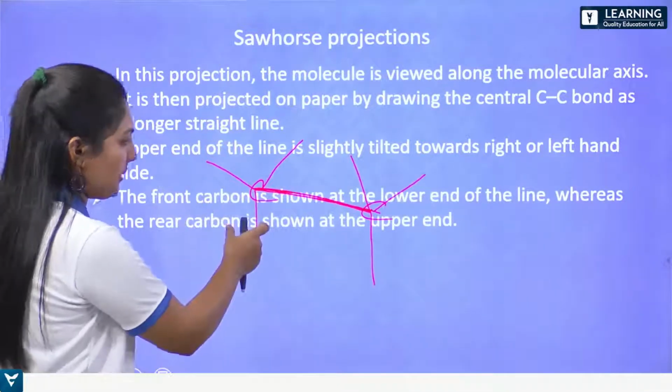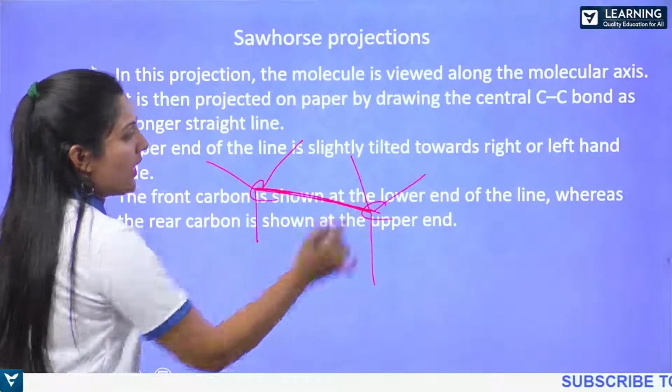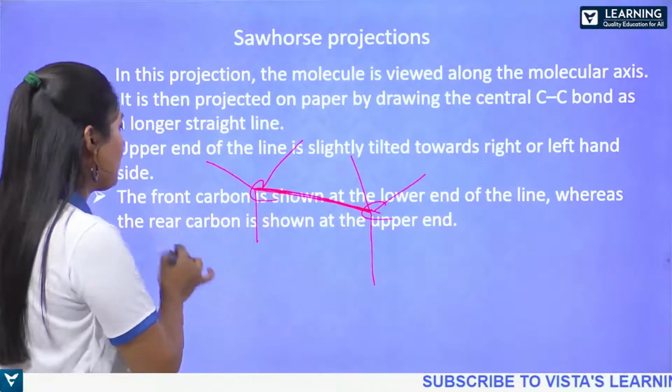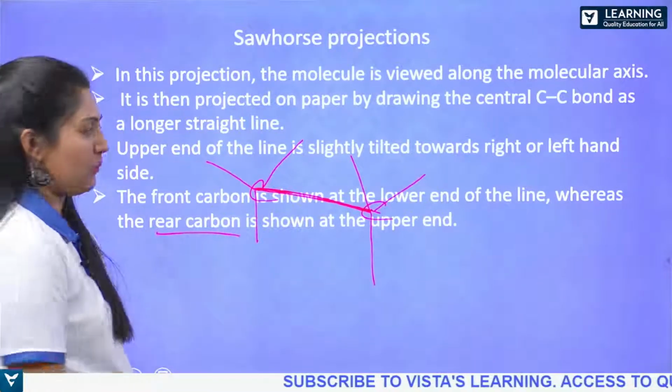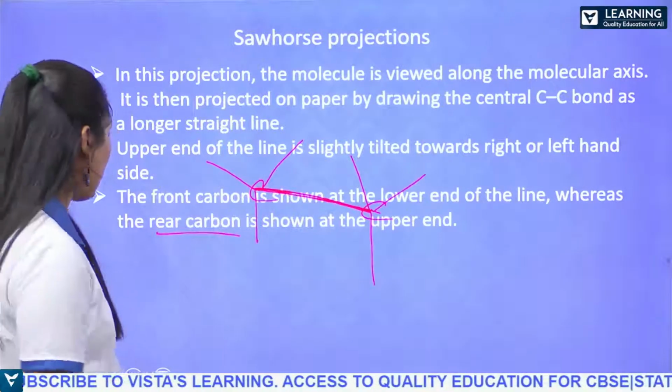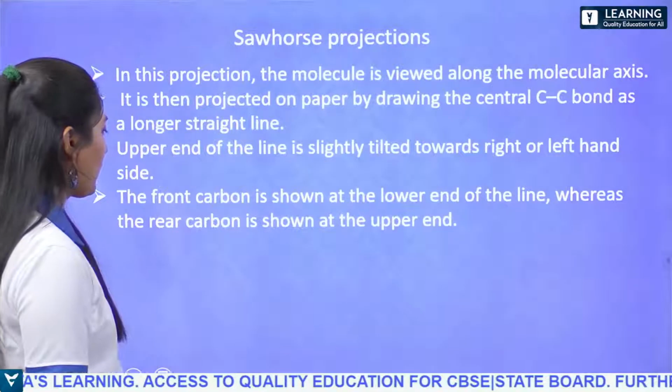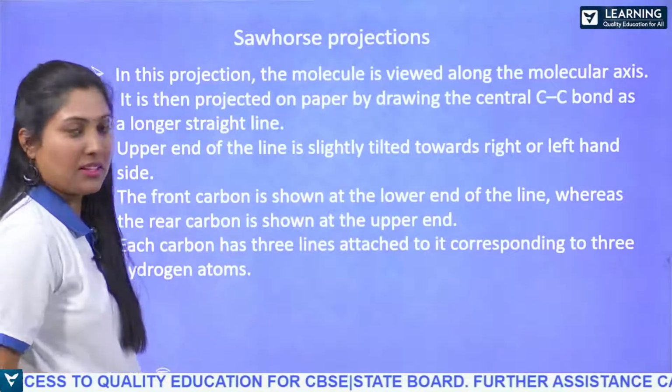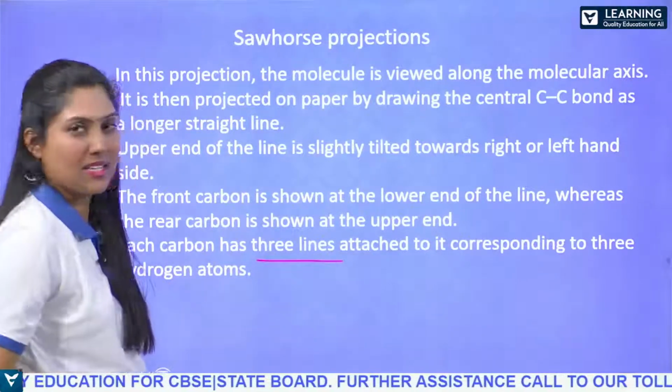The front carbon atom is the lower end, and the other is the rear carbon atom. And each carbon atom has three lines, as I show.